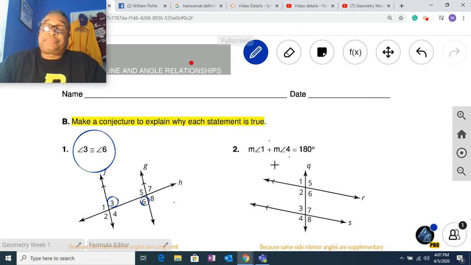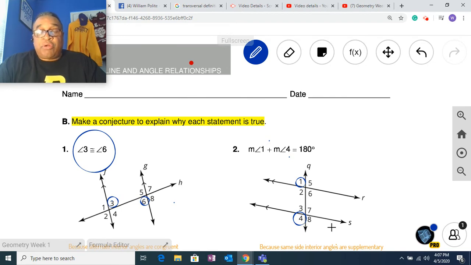I'm sorry. So if I look at angle 1 here, and then I look at angle 4 here, what's the relationship? They're on the same side of the transversal. This is our transversal. Now it's going up and down, or vertical, and they're on the same side, and they're exterior. They're outside of the two parallel lines.